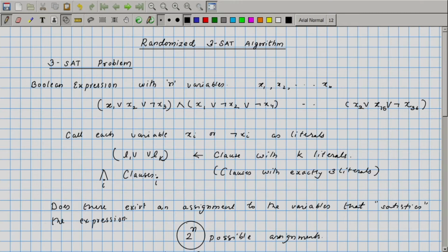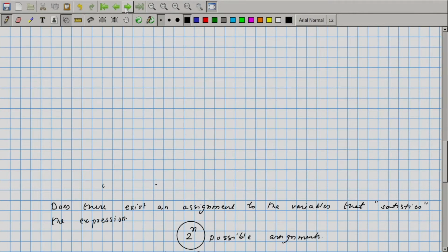This problem is known to be an NP complete problem. You can just understand that as a problem which is known to be very difficult to solve, and people do not expect that it will have a polynomial time algorithm.